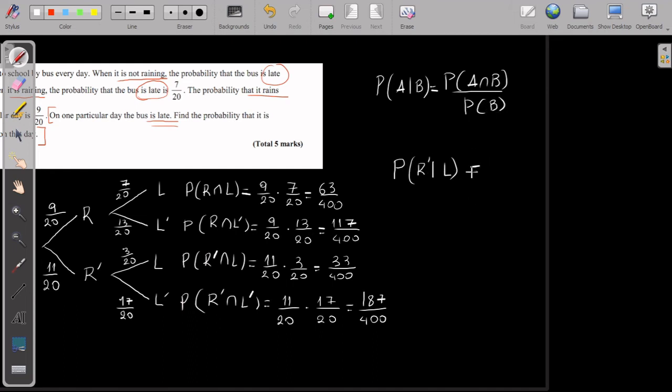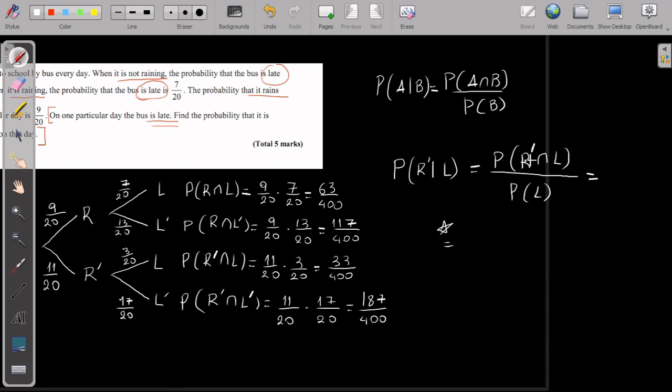So if I take that, I need the probability of not rain and being late over the probability of being late. Be careful here. This is the only crucial point here.